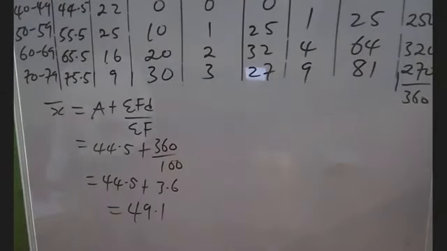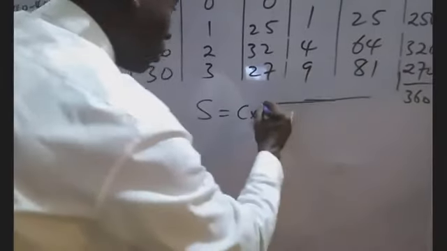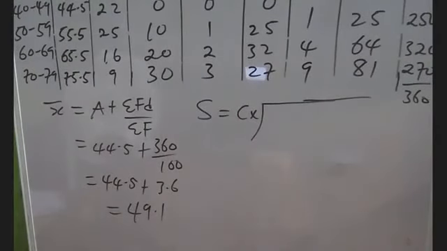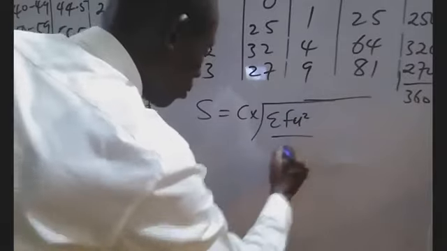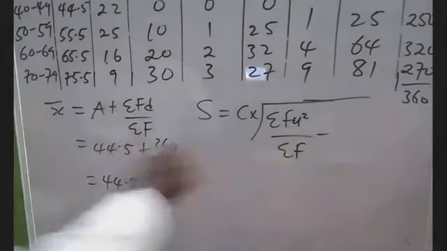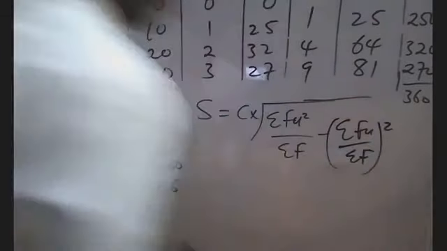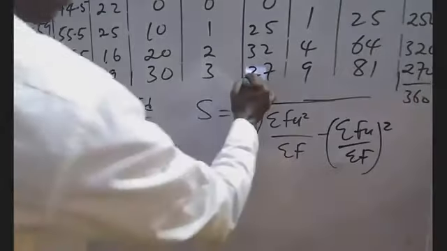Then the next thing is to find the standard deviation. Standard deviation s is equal to C times, we are using this formula now, C times square root of sigma fu squared over sigma f minus sigma fu over sigma f all squared.